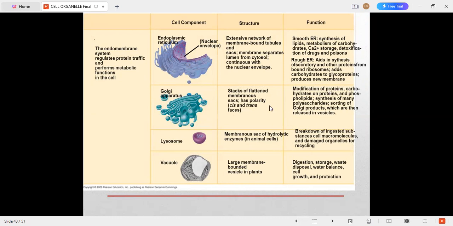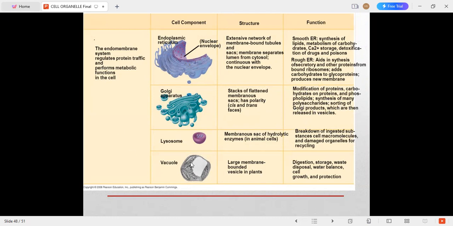They are responsible for the modification of proteins. They contain carbohydrates, proteins, and phospholipids. They are responsible for the attachment of carbohydrate to protein in order to synthesize glycoproteins. There is also synthesis of many polysaccharides, and sorting occurs in the Golgi apparatus, after which products are released in vesicles.